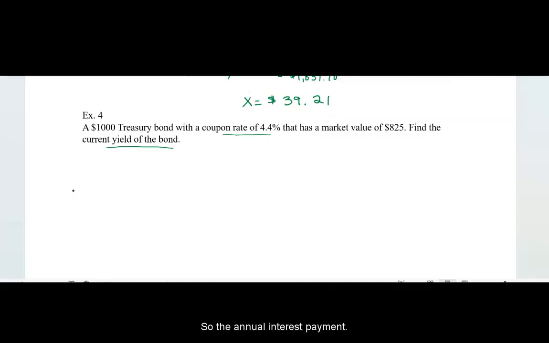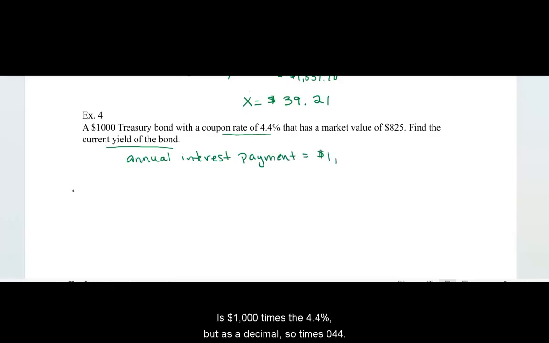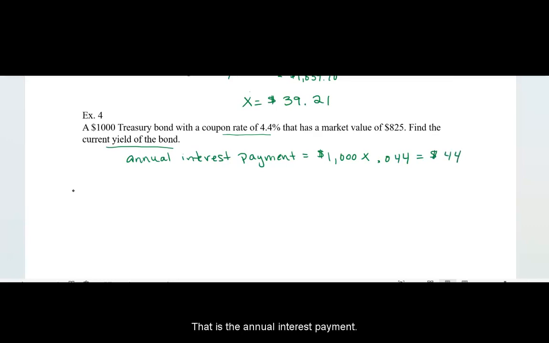All right, so the annual interest payment is $1,000 times the 4.4%, but as a decimal. So times 0.044. That's going to give you exactly $44. Okay, that is the annual interest payment.